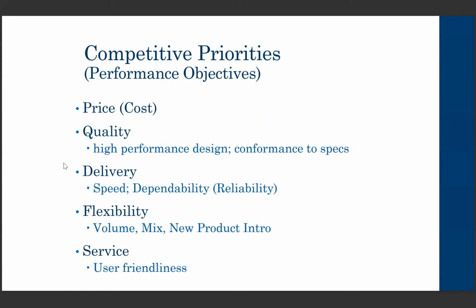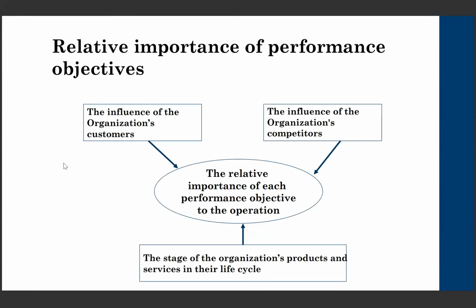They are also trying to compete with us by increasing quality, adjusting prices according to our prices, and increasing delivery speed and such things. So what will be the influence of our competitors, and the stage of the organization's product and services in their life cycle? There's a life cycle for the product.